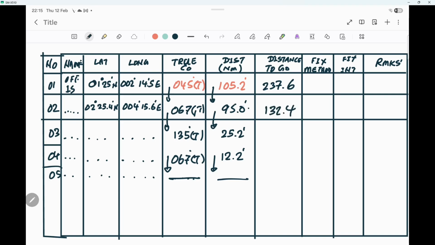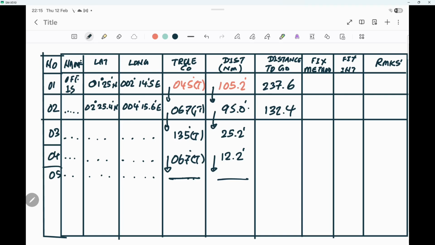You don't have to add all these again. Basically, you have to subtract 105.2 from 237.6, which will give you 132.4, because this is already done. Now we are supposed to go from 2 to 5.